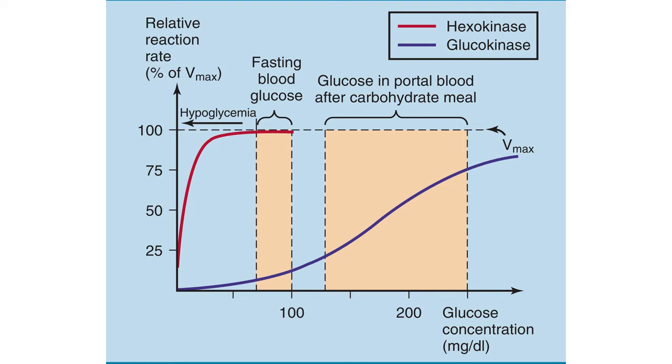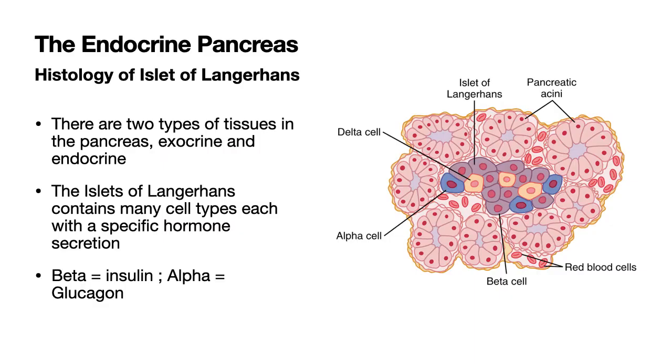So in that instance, in the absorptive phase, in the fed state, glucokinase and the liver will trap glucose. So again, whatever is not trapped by the liver will spill over into the blood, which will eventually reach and communicate with the pancreas, which is our next slide.